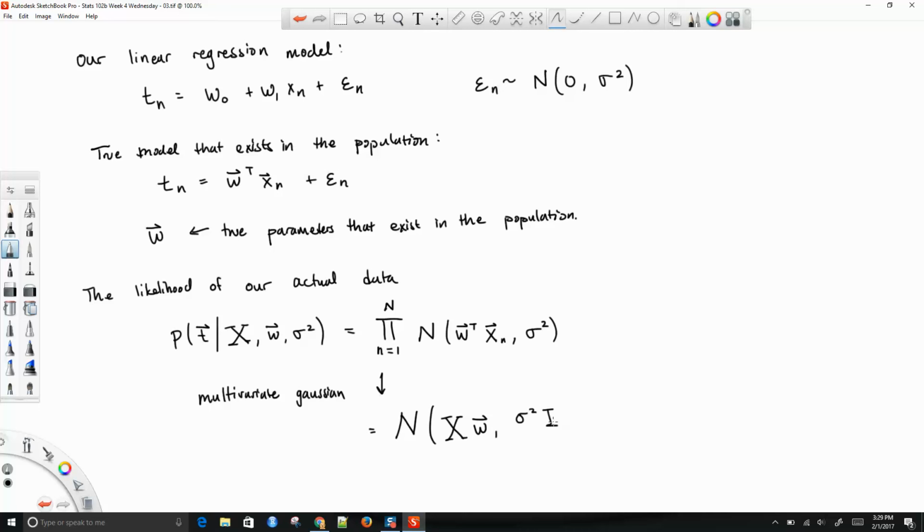So sigma squared I is a diagonal matrix with sigma squared down the diagonal. So if you have lots of data in here, this is the entire thing.